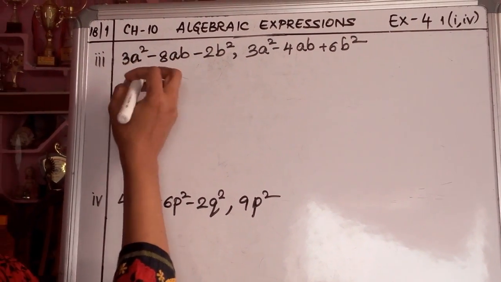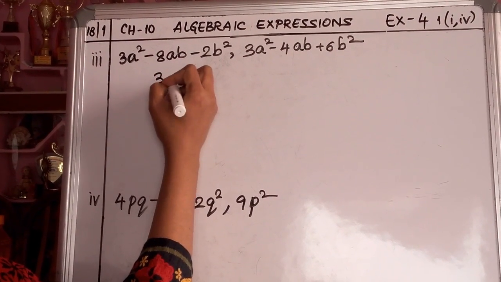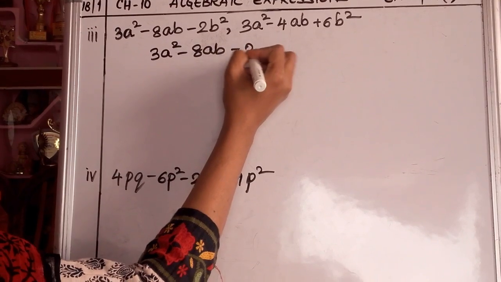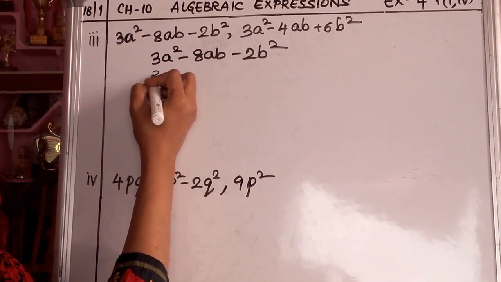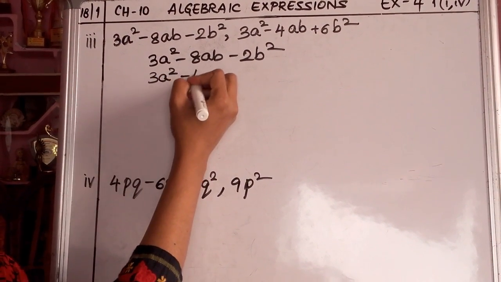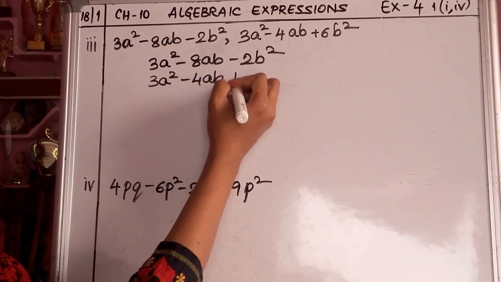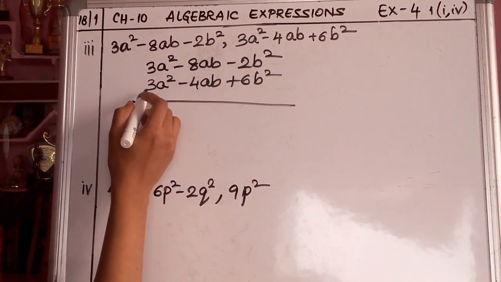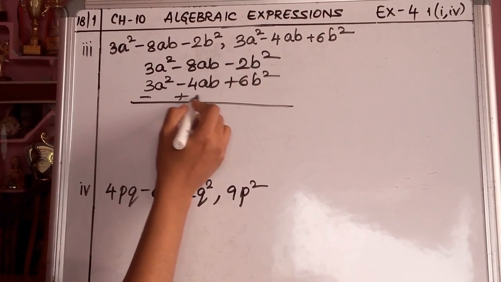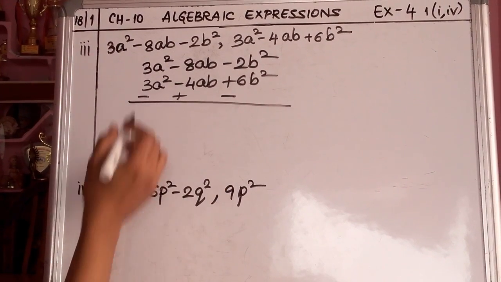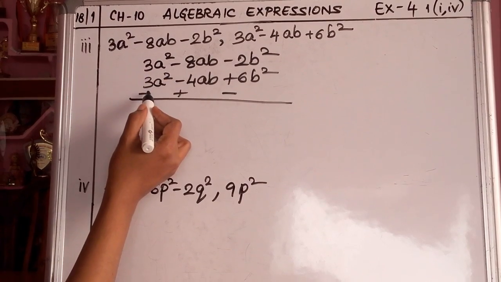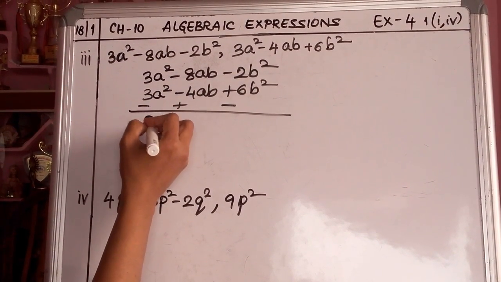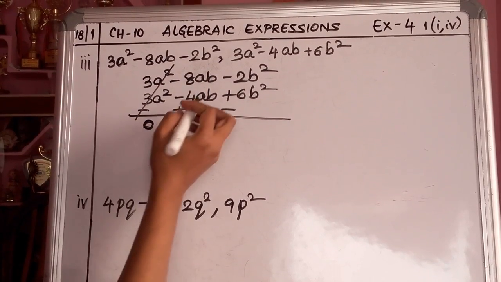Okay. Now let us do the third bit. 3a square minus 8ab minus 2b square, 3a square minus 4ab plus 6b square. Now plus becomes minus, minus becomes plus, plus becomes minus. So 3a square minus 3a square is cancelled, or it becomes 0.